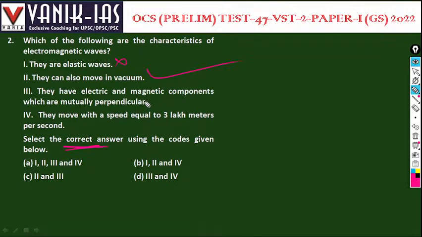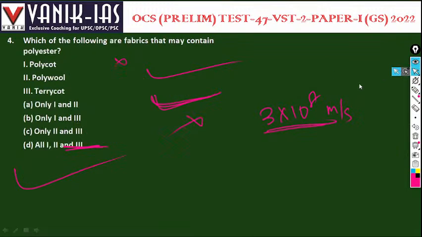Yes, this is right. They move with a speed equal to 3 lakh meters per second. This is wrong. It is 3 times 10 to the 8 meter per second. So options 2 and 3 are right for electromagnetic waves. This is the definition of electromagnetic waves, where the electric field and magnetic field components are mutually perpendicular to each other.